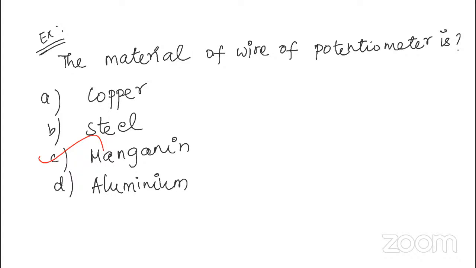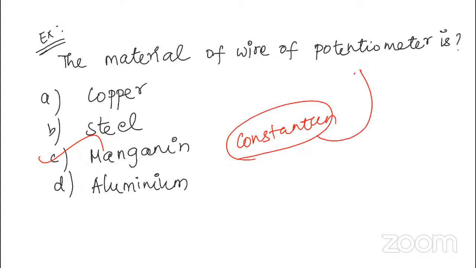Constantan. So this is also one of the materials used for making a potentiometer wire.